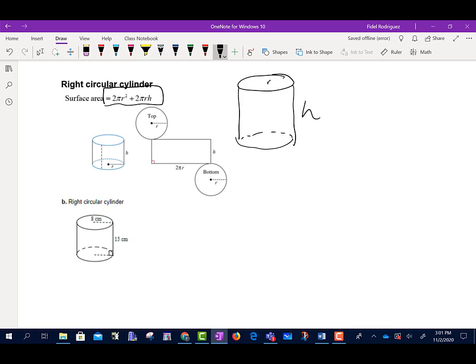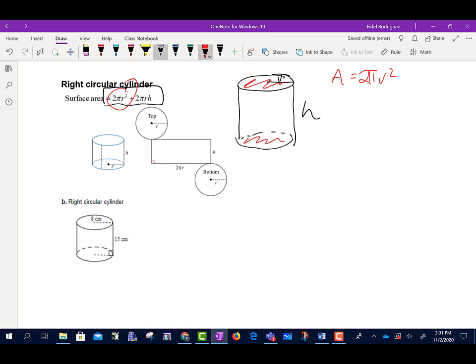So this is my height and this is my radius. If we wanted to find the area of the top and the bottom, I know the area is pi r squared for a circle, but we have 2 of them, so it would be 2 pi r squared. That's where that part is coming from.